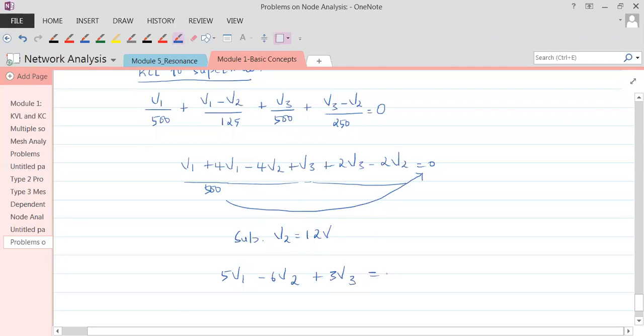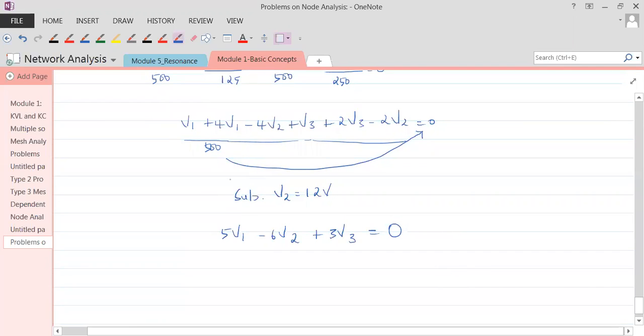Correct me if I am wrong. Substituting V2 equal to 12, 12 times 6 is 72. 72 comes on the right hand side. So 5V1 plus 3V3 equal to 72. Is this fine with everybody? This is your second equation.